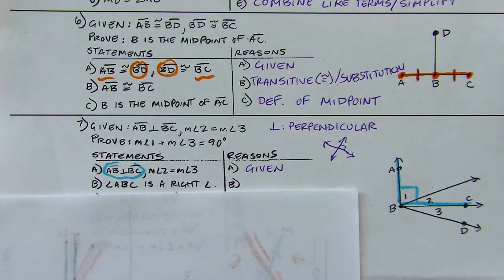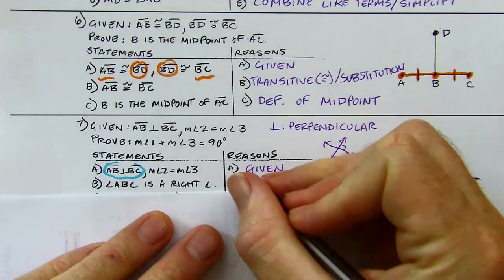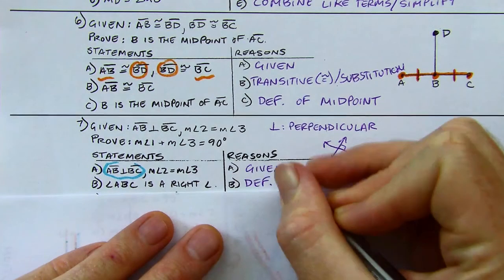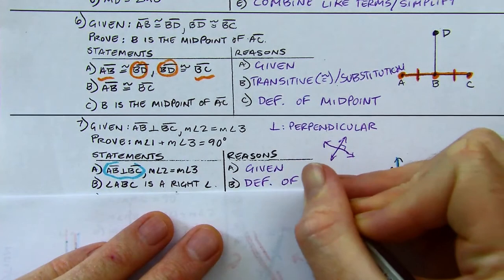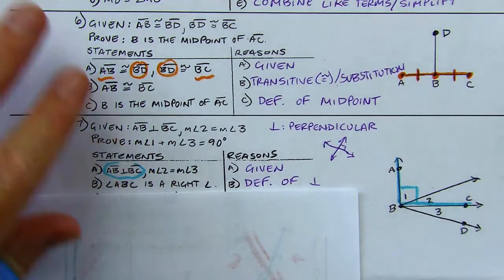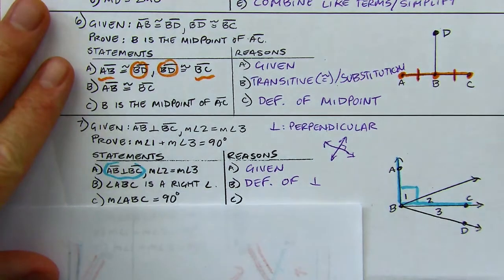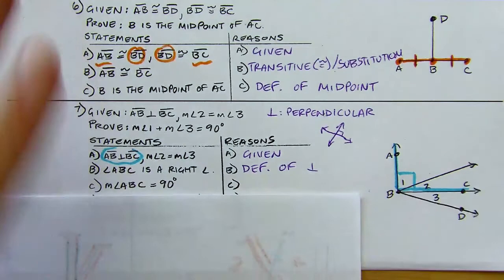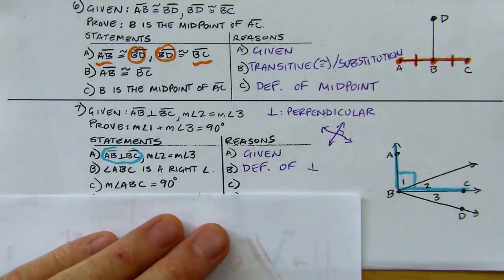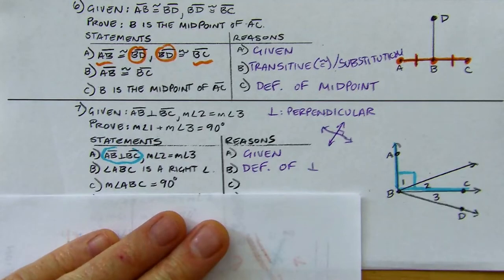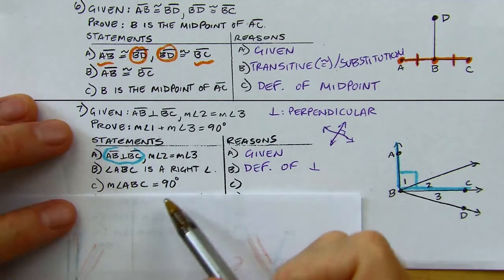So this is the definition of perpendicular. I'm very low on space here, so I'm going to use DEF for definition, and I'm just going to use that symbol, the upside down uppercase T, for perpendicular.